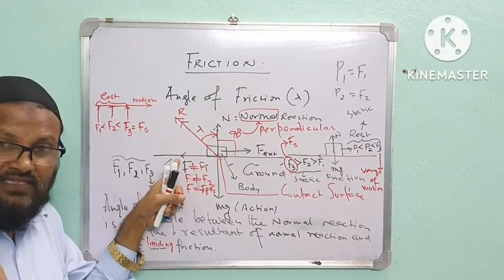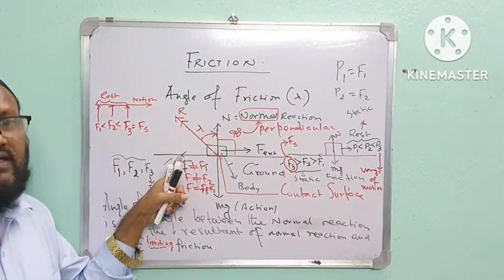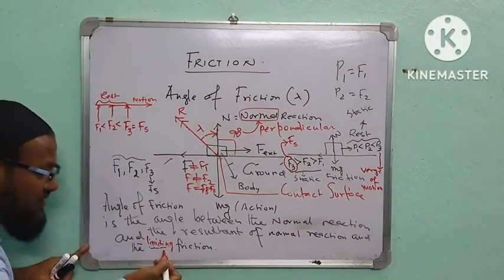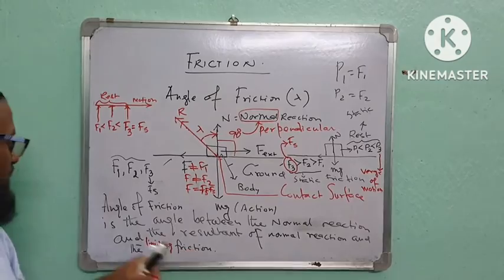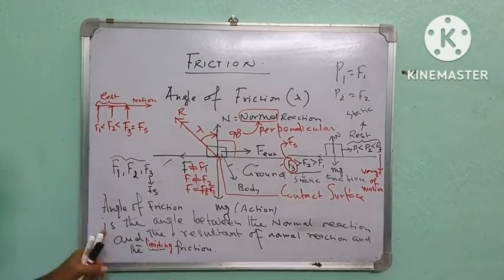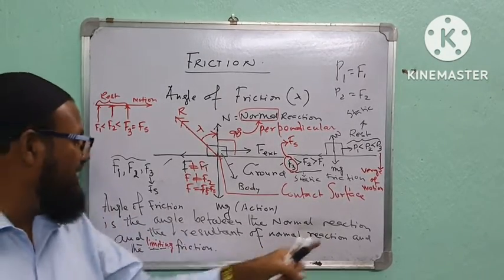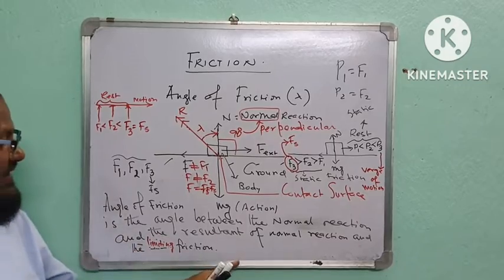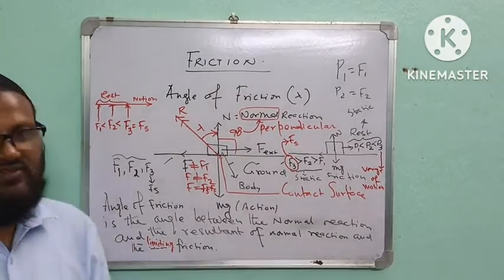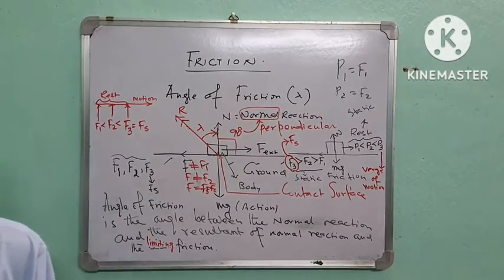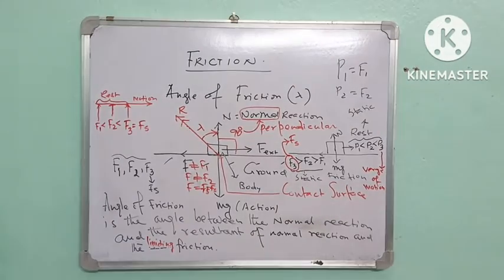What is the name of this friction? This friction is the limiting friction. Without the word limiting, the total definition is wrong. Please write down. Angle of friction is the angle between the normal reaction and the resultant of normal reaction and the limiting friction. Please write down. Is it clear?